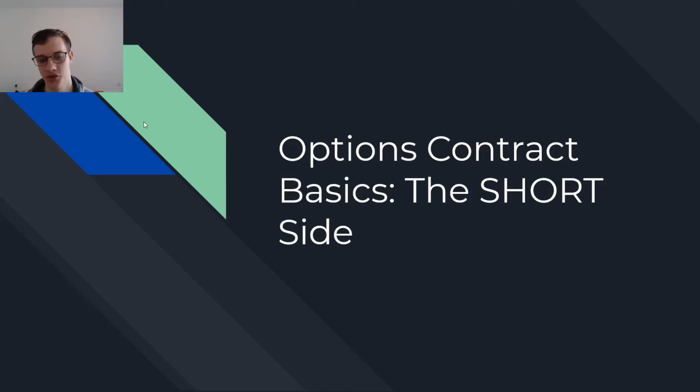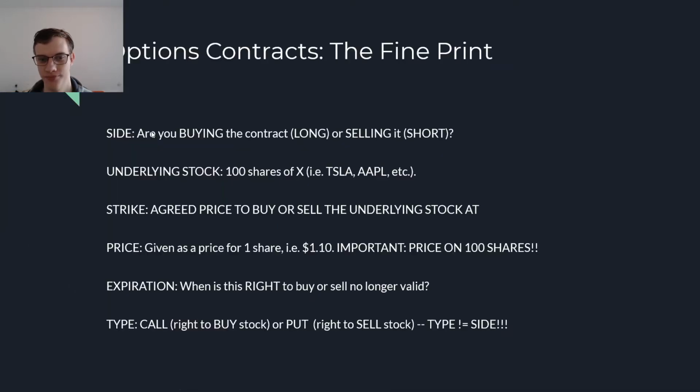Okay, so the short side, let's get into it. This is actually from the last video too. I just decided to put this up one last time for a quick review. Not going to spend a ton of time on this, but remember, every options contract has a side, whether you're long or short, has an underlying stock, has a strike price at which both parties have agreed to buy or sell the stock, has an actual contract price, which is given in 1 share increments.